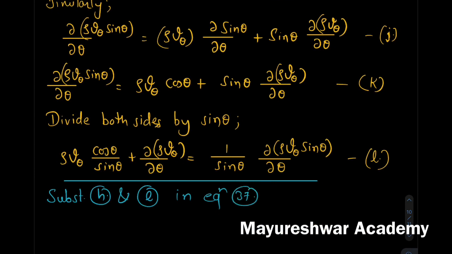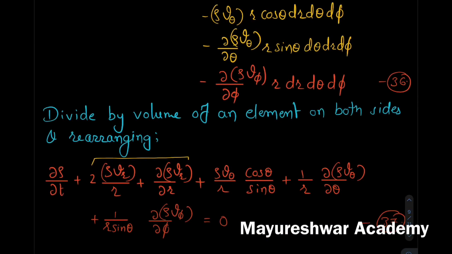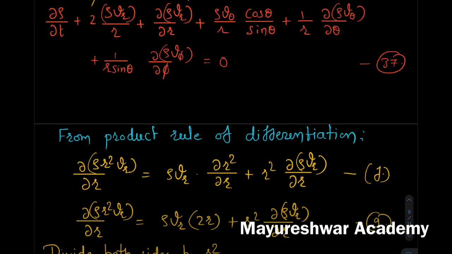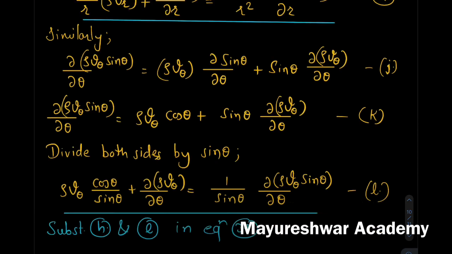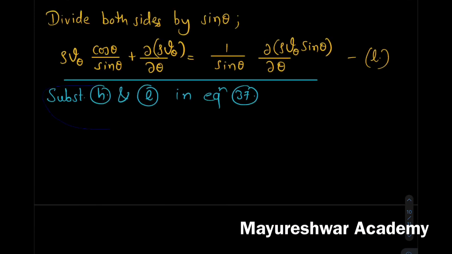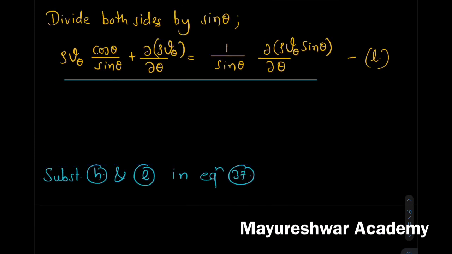Okay, so I guess there is some difference in the terms. This term is 1 over r and there is cos theta, so there is no sine theta term, there is only an r term. So we need to divide this equation by r before that. So let us do that first of all. So divide equation L by r so that the form will be identical.